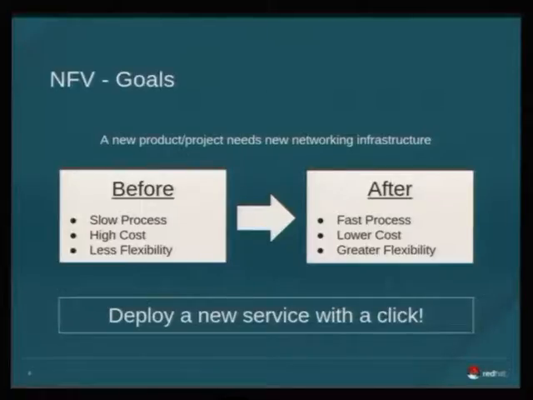It also has a high cost and less flexibility. By flexibility, I mean you cannot automate most of this process. After that, assuming that we have succeeded to virtualize these appliances, then you have a fast process, because if you want something, you can just start a virtual machine. It obviously should have lower cost, because most probably you have the hardware already there. You don't need to have someone to come by and wire everything, look for more space, buy more racks, because you already have a box there that's capable of growing as you need, so you have a spare room.